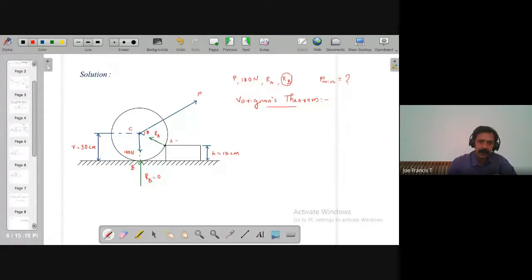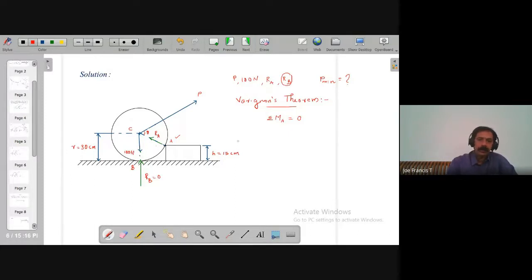We are going to take moments based on the point A. So I write Varignon's theorem, sigma MA, should be equal to the moment made by the resultant. Now since the body is in equilibrium, the resultant is 0. So the moment due to the resultant will also be 0. So you can write sigma MA equal to 0.